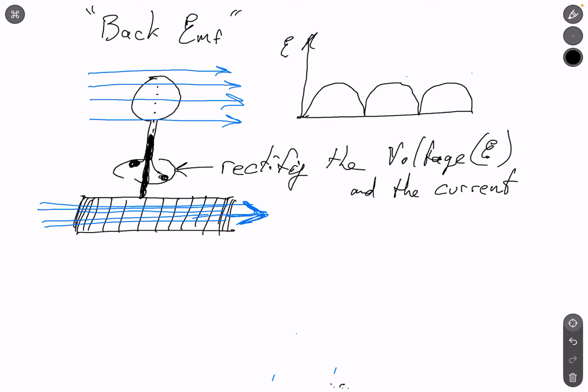Okay, look, let me just be honest with you. The test isn't going to make you do all this. The test is going to say something like, why do you get back EMF? And you're going to say Lenz's law. Okay? And when does it happen? It happens in generators.